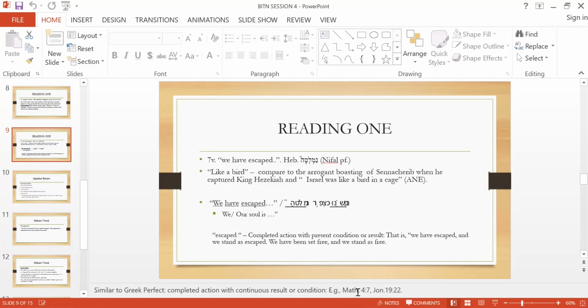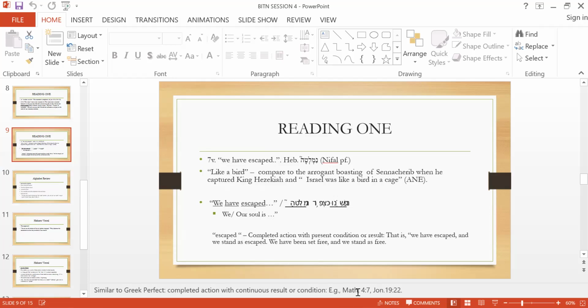It is still valid, potent, powerful. It still carries the same authority. John 19:22, when Pilate wrote that Jesus is the King of the Jews, and they said, don't write it like that, he said, what is written is written. I say he is the King of the Jews, and that stands the same, and it is true. The condition continues.